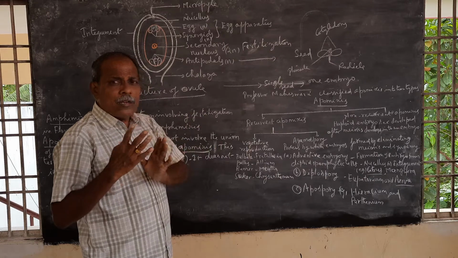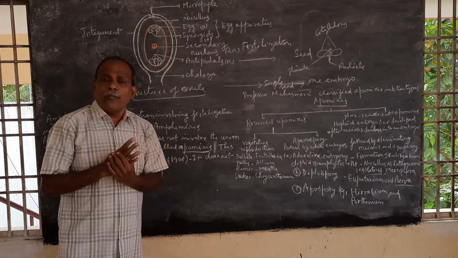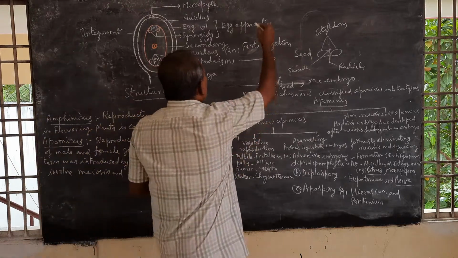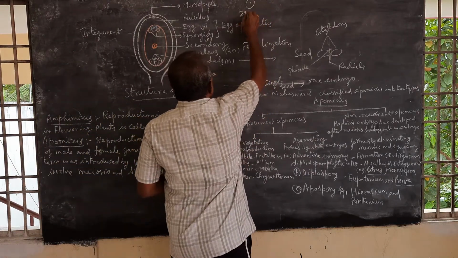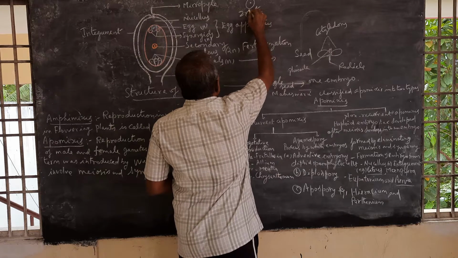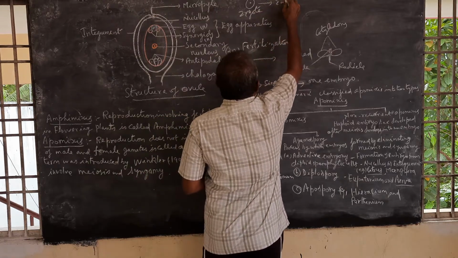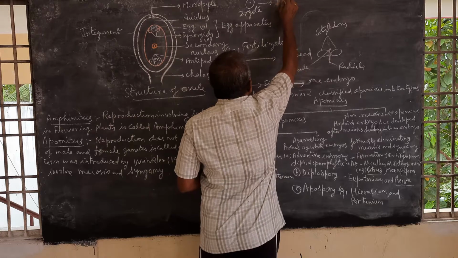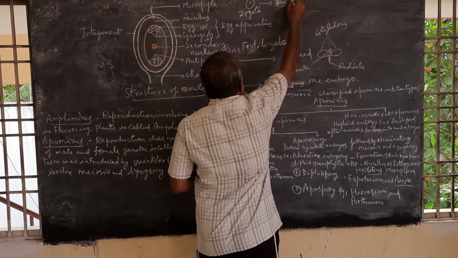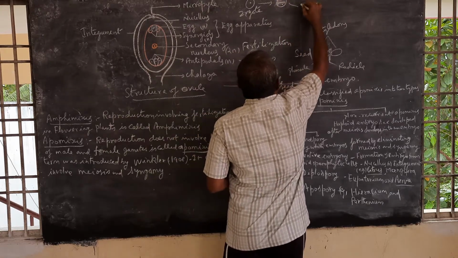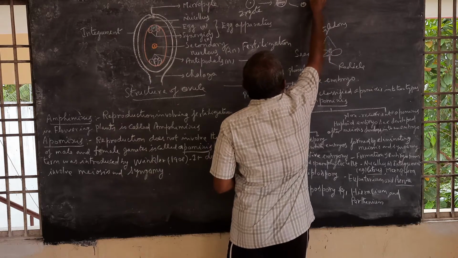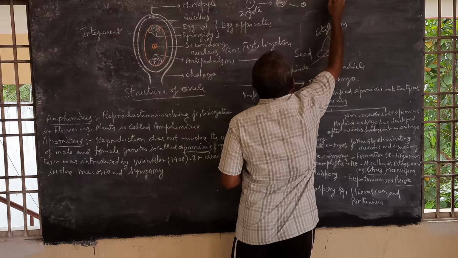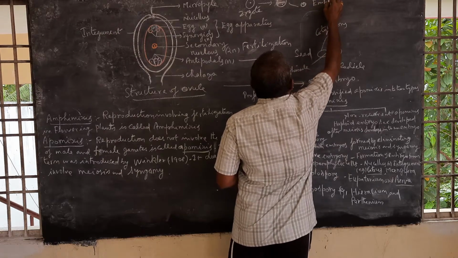Now, there are four types of polyembryony. The first one is cleavage polyembryony. What is cleavage polyembryony? The zygote divides into two daughter cells, and then the two daughter cells separate into two different embryos.